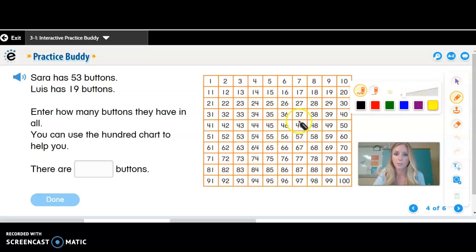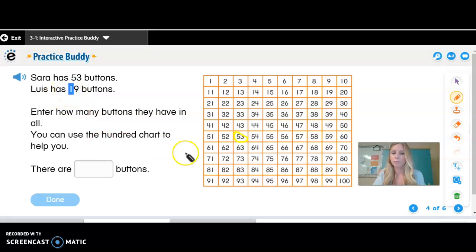Let's find that on our hundreds chart. Find 53. Circle it. 53. It's a little wonky, but you get the idea. 19 plus 19. How many tens are we moving down? 1. And how many ones are we counting over? 9. Ready? 1, 2, 3, 4, 5, 6, 7.